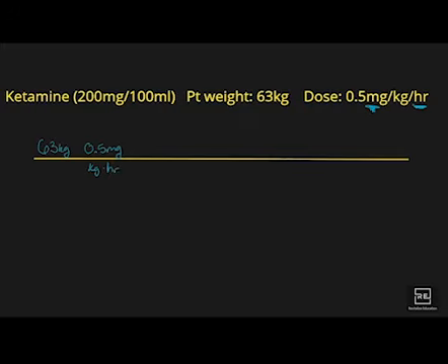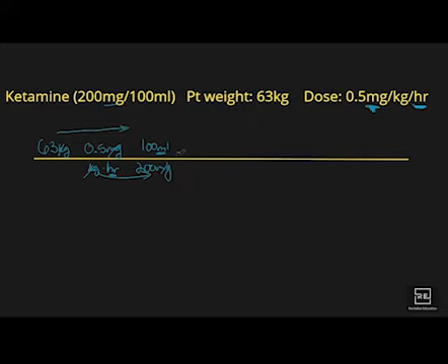Now we've got milligrams here and milligrams in our concentration, so we don't need to convert to micrograms. You're going to do 200 milligrams in a 100 ml bag. Once you do that, you have hours on the bottom, milliliters on top. You want to make sure that you can cancel out your remaining units, and you're left with just mLs per hour. At that point, you can multiply everything on the top and everything on the bottom.